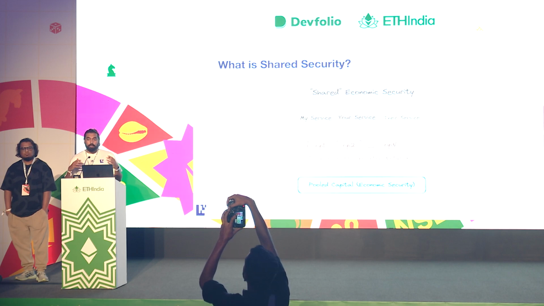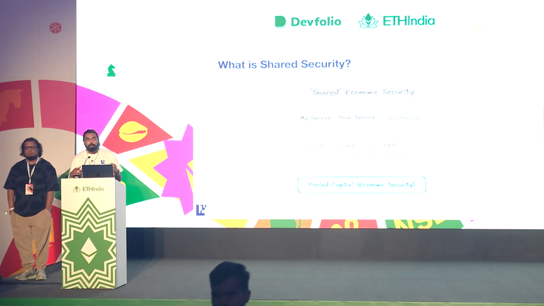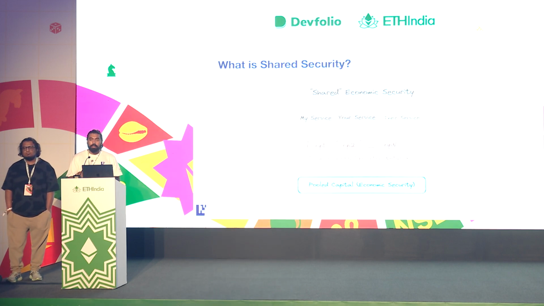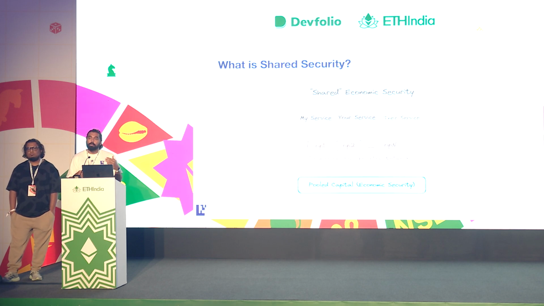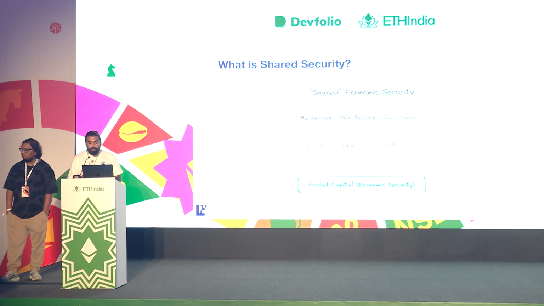When you split up capital, it becomes capital inefficient, and the cost of attack goes down. So pooling capital together increases the cost of attack. That is what we mean by shared security: different services share a pool of capital, and that increases the cost of attack, and it is capital efficient.